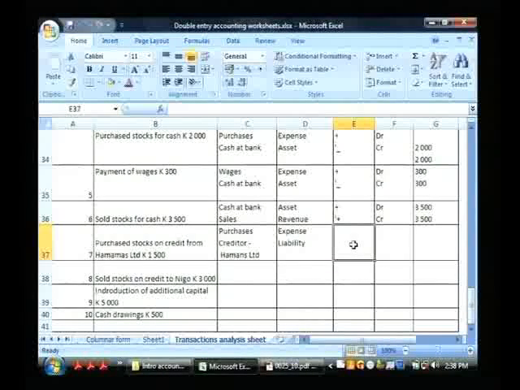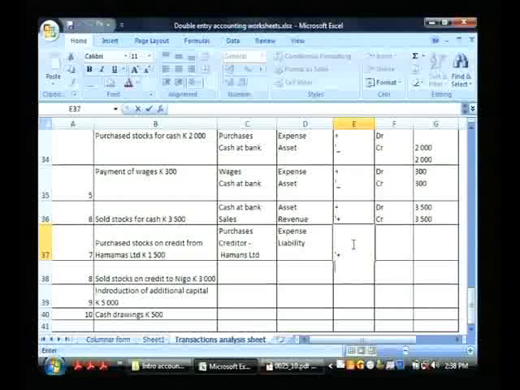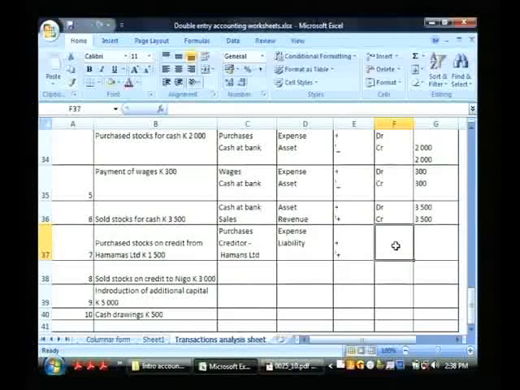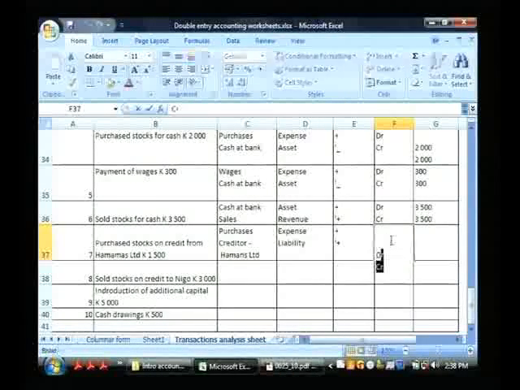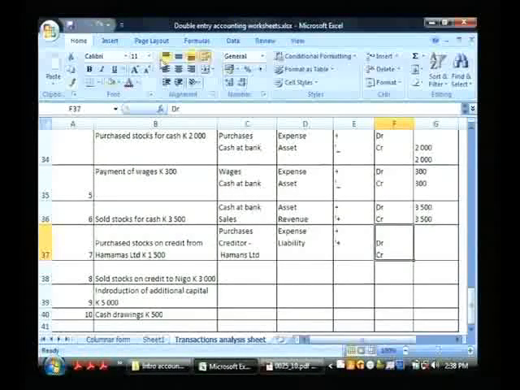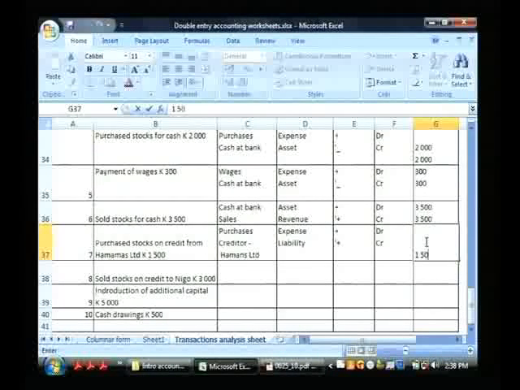Then expense increased, liability also increased. Now debits and credits: increase of expense, debit, increase of liability, credit. Amount 1,500, 1,500.